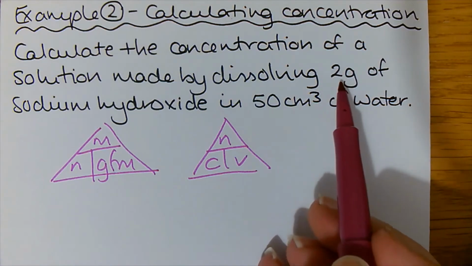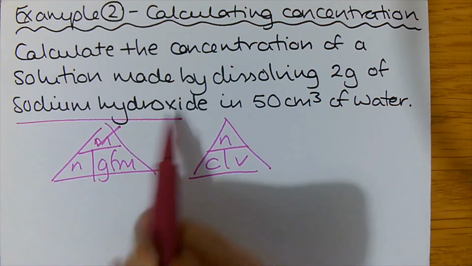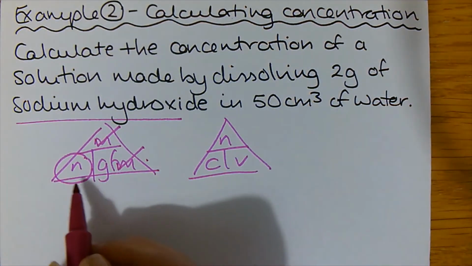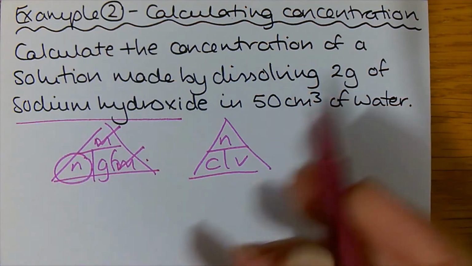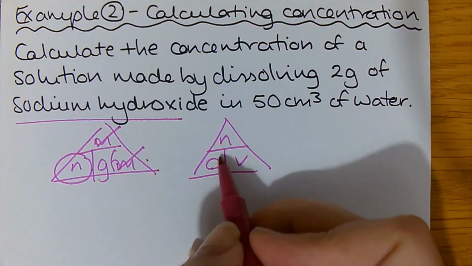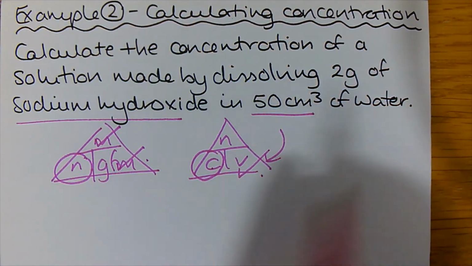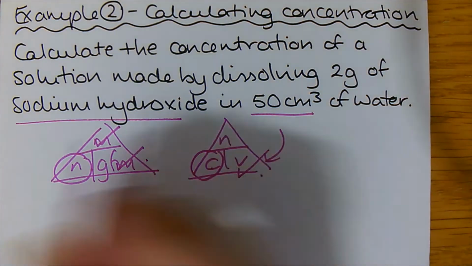So we have 2 grams of sodium hydroxide. We also have the formula. We can work that out, so we have the gram formula mass. So the very first thing is we can work out, using our first triangle, our number of moles. We are looking for the concentration. We have the volume. We need to convert it into litres, but we still have it. So that's how we work out these steps.